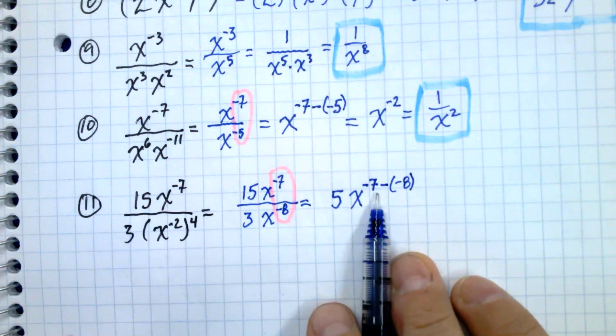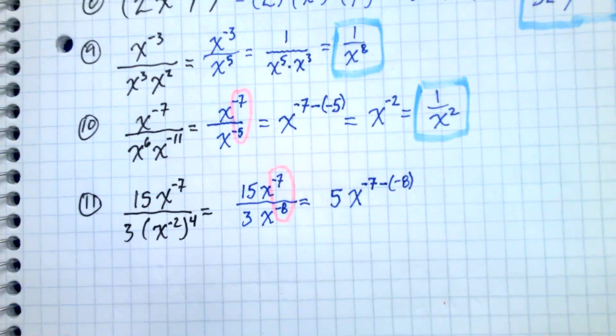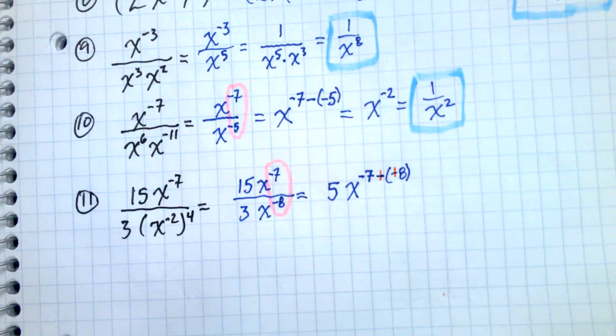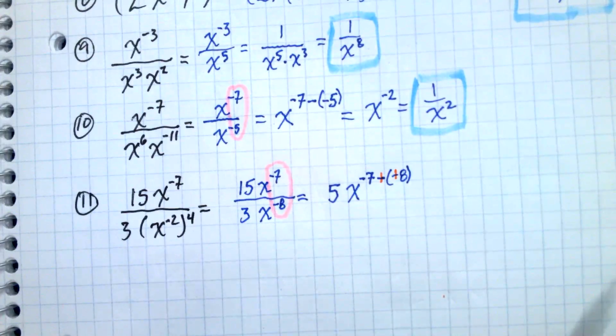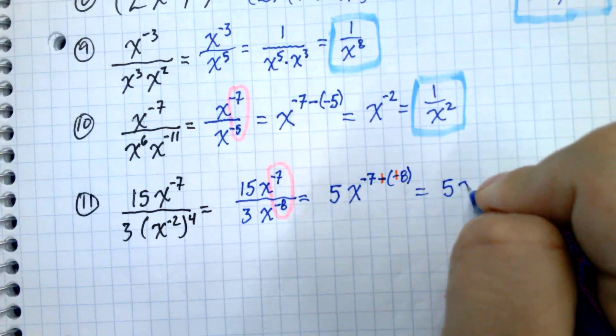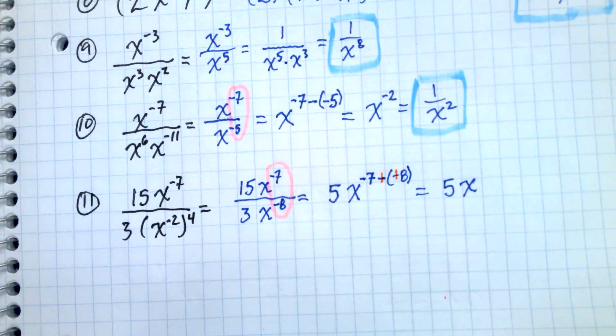Yeah. You got to do keep, change, opposite. And that becomes x to the 1, or just x. So after all that, it just became 5x.